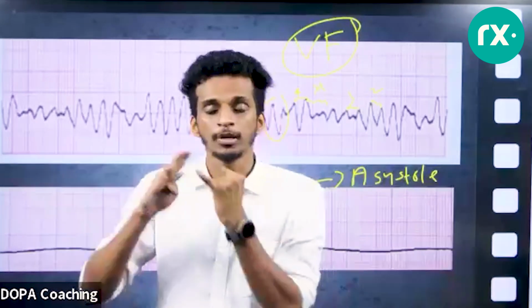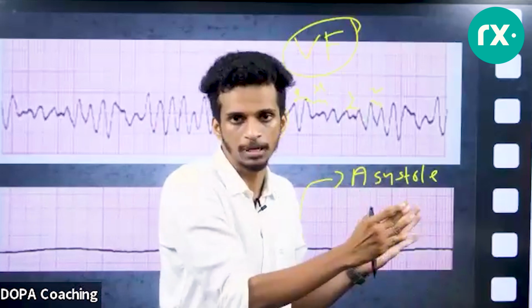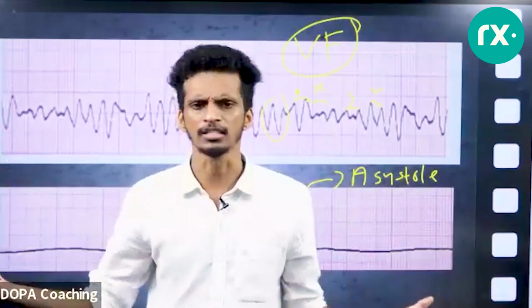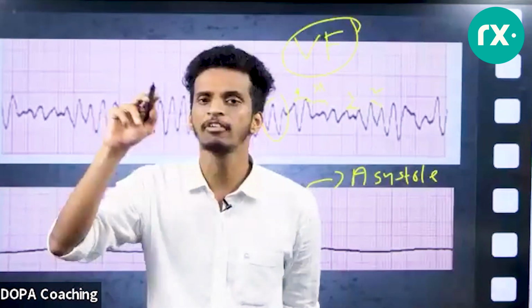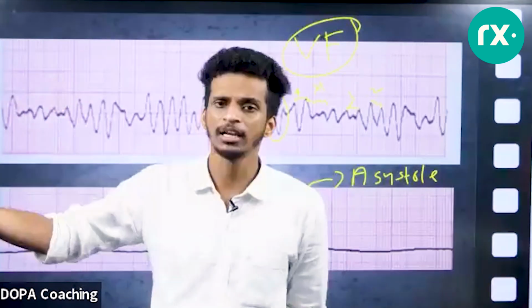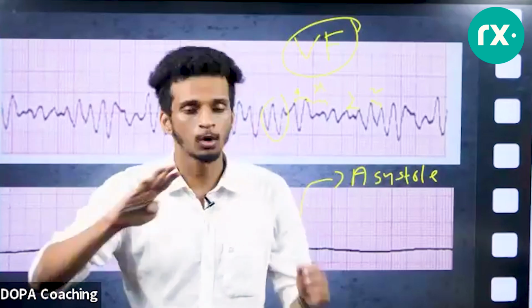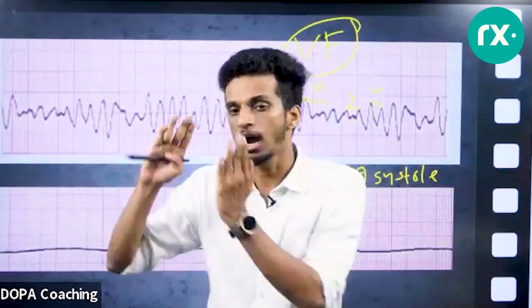Cardiac arrest is when your heart suddenly stops beating. Why? There are many reasons. We usually call them 5H and 5Ts. 5H is something like hydrogen ion, that means acidosis, hyperkalemia, and 5Ts are toxin, tamponade, something like that. There may be many reasons, but what basically happens in a cardiac arrest is the heart stops beating.